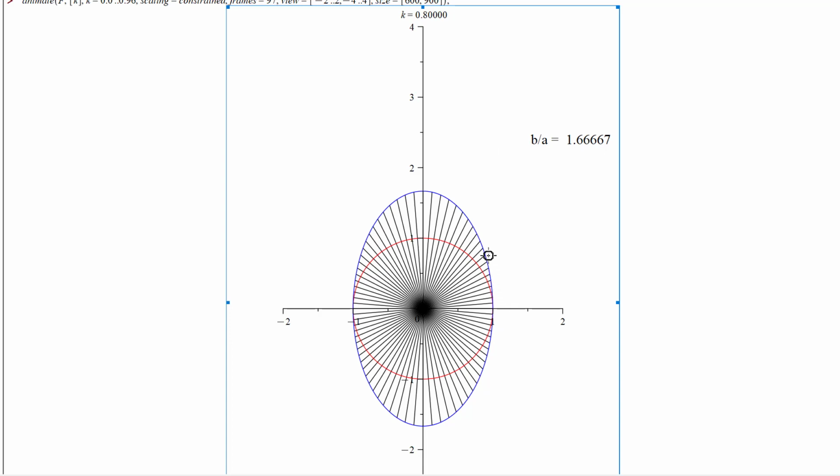So r over a has bigger values right here. And notice those are at pi over 2 and 3 pi over 2, the odd multiples of pi over 2. And there'll be no stretching right here when we're at multiples of pi.